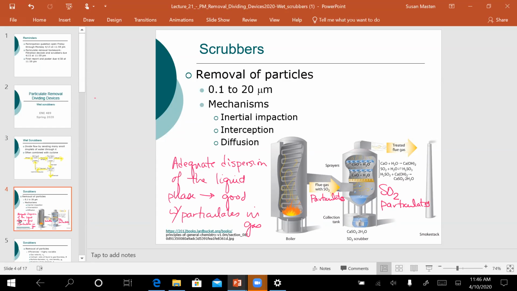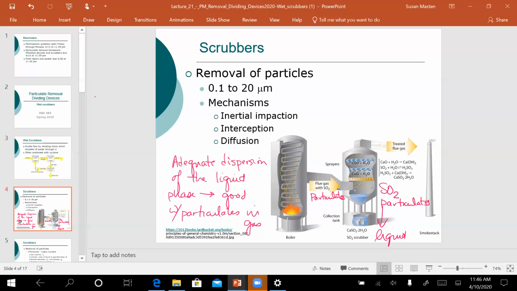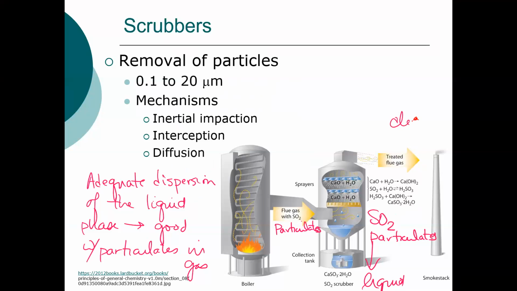They end up in the liquid stream, and then we have clean gas. Okay, so that's our goal: to move from particles in the gas phase to particles in the liquid phase.